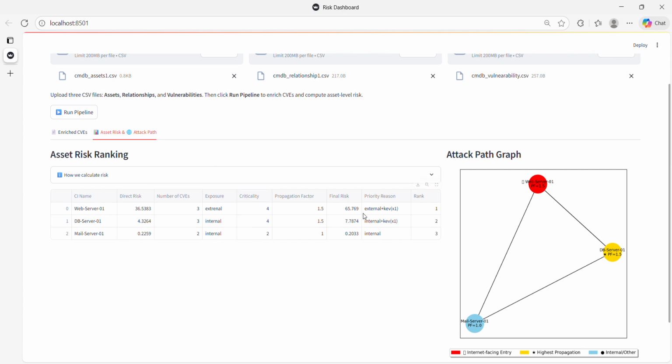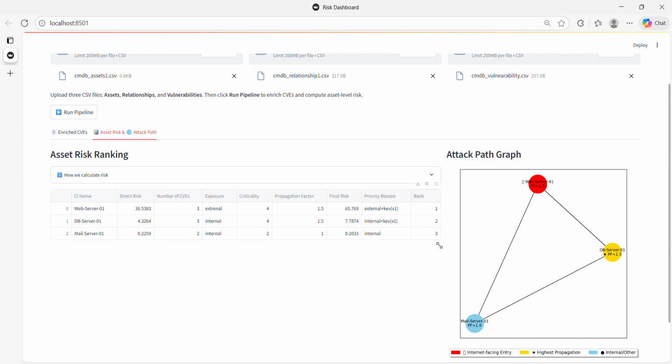Here we can see that even though it is external, there is active exploitation going on, and even for the internal database server, active exploitation is also going on. So by calculating all these values, it has provided the direct risk, and based upon the direct risk, it has given the ranks.